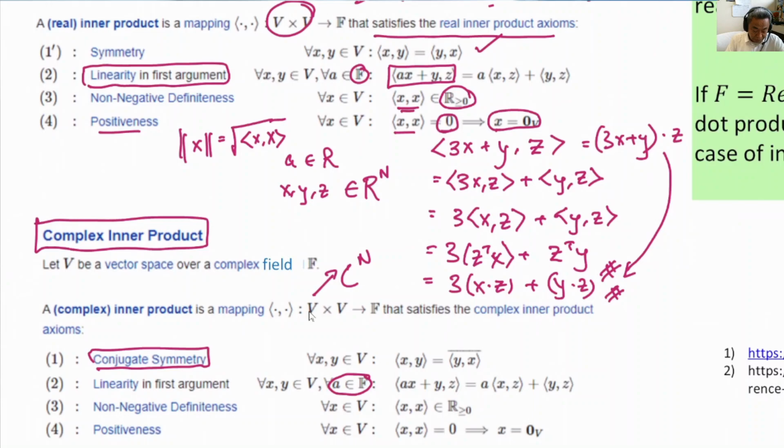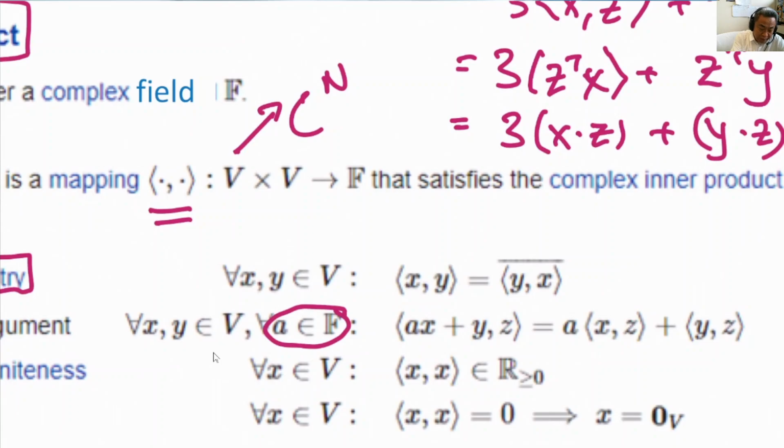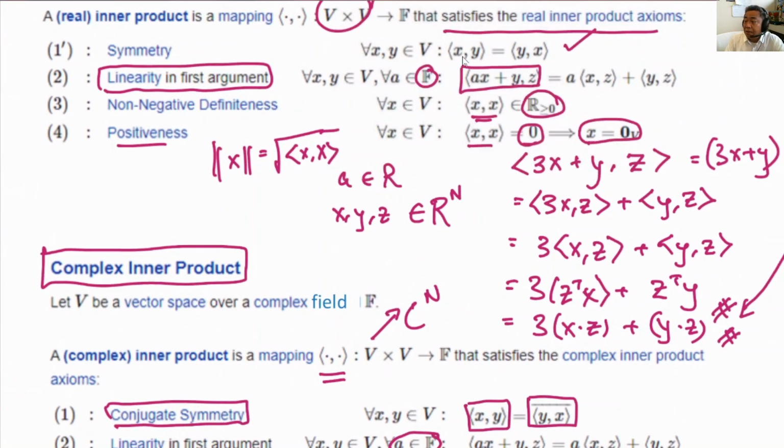We are going to see what the 4 conditions are that define a proper complex inner product. The first requirement is called conjugate symmetry. It means that when we take the inner product of x and y, it must equal the conjugate of y comma x. Now, this is different from the real inner product, where x comma y equals y comma x.